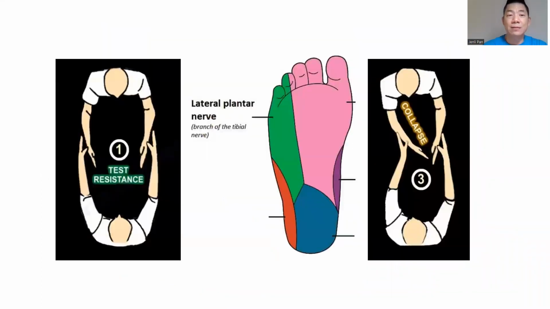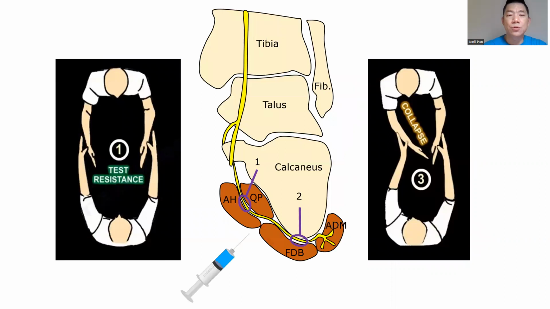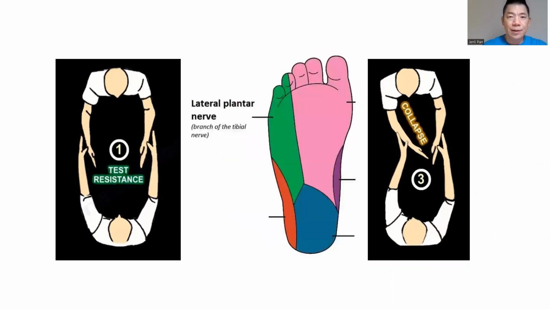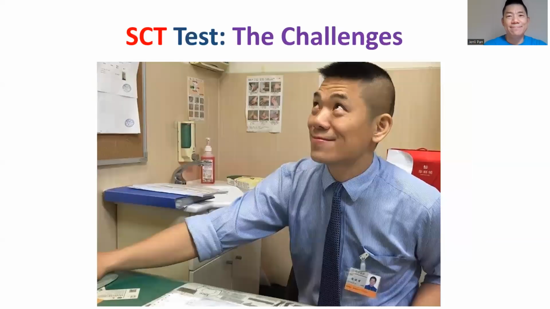First we do the pretest with the hands, then we scratch the innervated skin area of the lateral plantar nerve, then we do the test. If the patient has a real collapse, then we do an ultrasound-guided Baxter nerve hydro-release, either at position 1 or position 2. Then we do the scratch and collapse test again to see if the muscle power comes back. This is very useful, right?